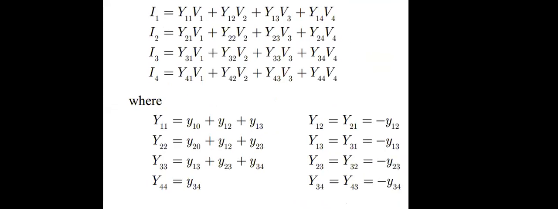Now we want to observe the generalized format. When you extract the information by comparing with the generalized form, you can get Y11, Y22, Y33, Y44 like this.